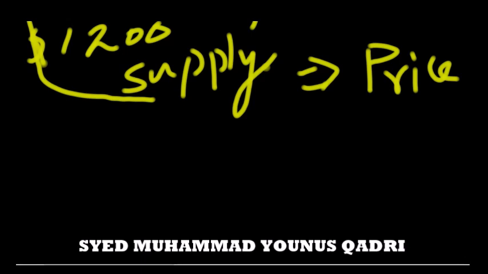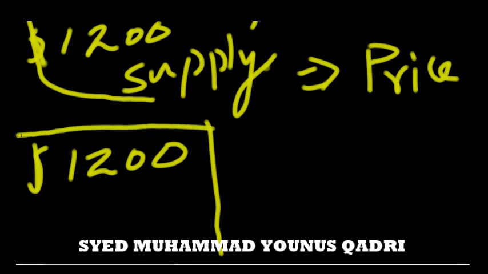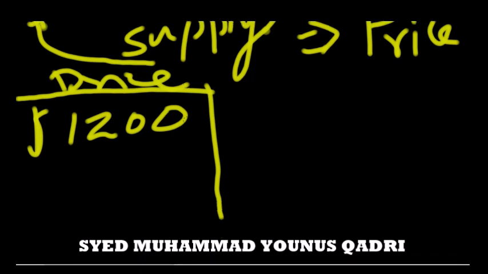Now for supply: if you are a producer and your goal is to maximize profit, what will be your behavior if the price of that commodity is $1,200? What will happen if that commodity is sold in the market for $1,200?